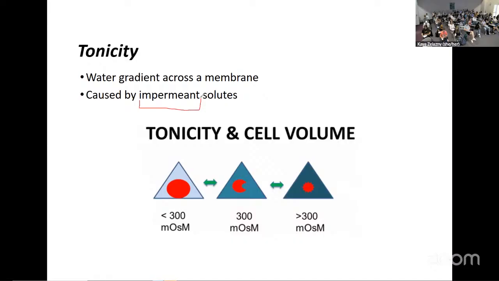But if it can cross the membrane on its own, then you're not going to need to move as much water as you would if we're looking just at the concentration of things that absolutely can't cross the membrane, something like an ion in the absence of any channels. So that's what we're thinking about with tonicity.